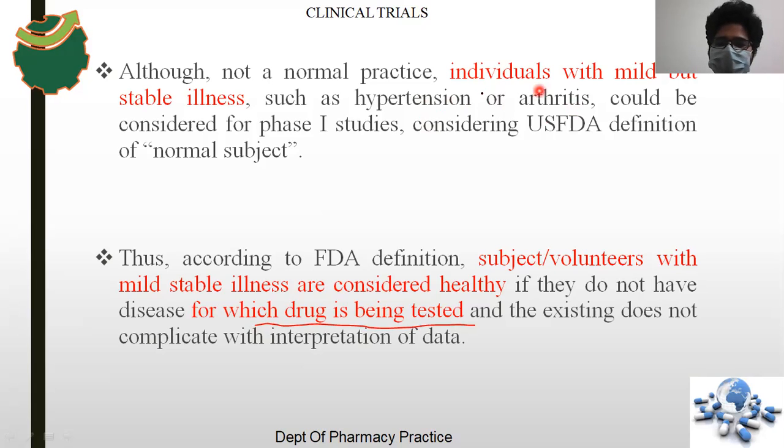So you can take those kinds of people in the study, as the existing condition does not complicate the interpretation of the data. It means because of his disease conditions, our clinical trial should not be affected. It should not be biased or confounded. His or her disease condition should not lead to wrong interpretations, right? So that's the definition of the FDA.